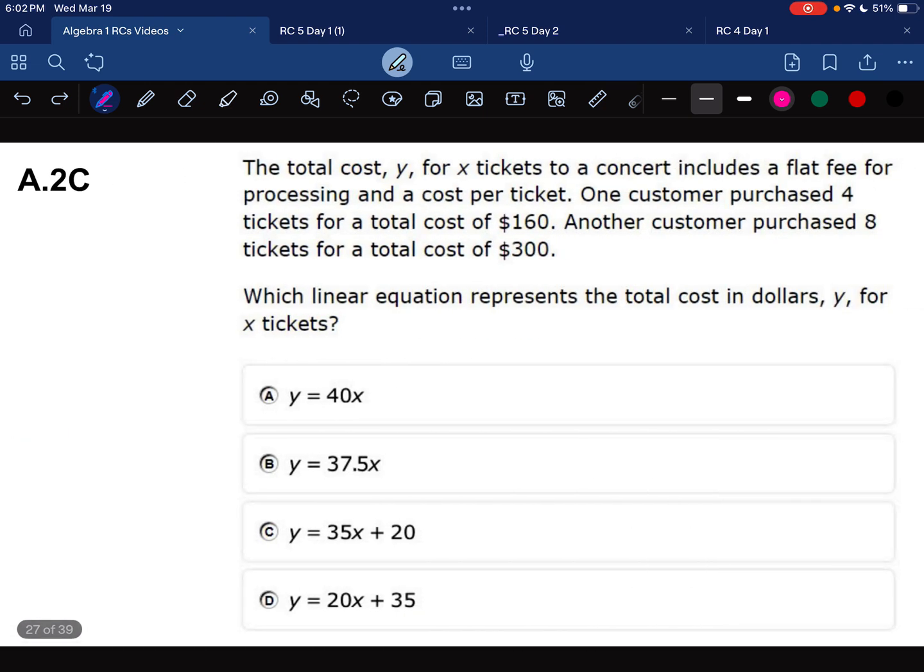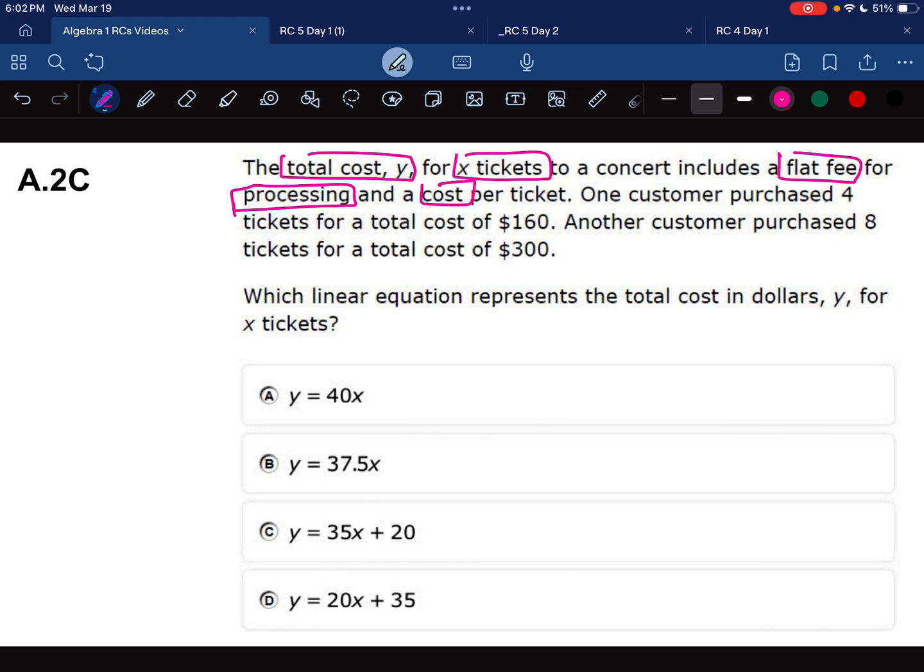Okay, go ahead and read this problem and go ahead and solve it. It looks very, very similar to a question that we saw in 7th grade. All right, the total cost Y for X tickets to a concert includes a flat fee for processing and costs per ticket.